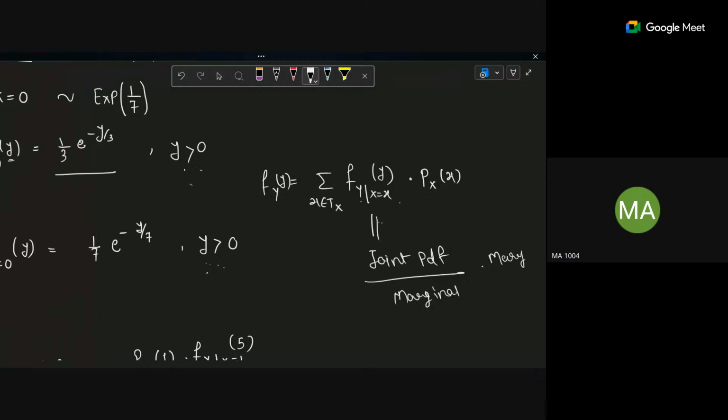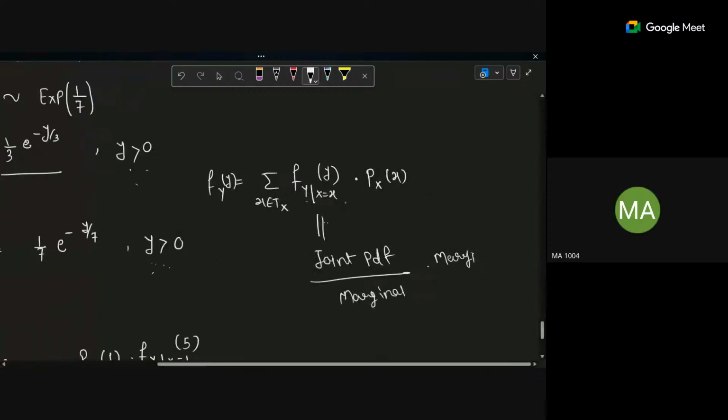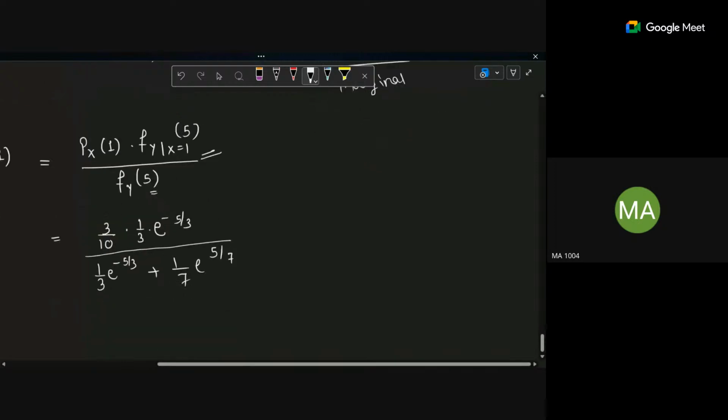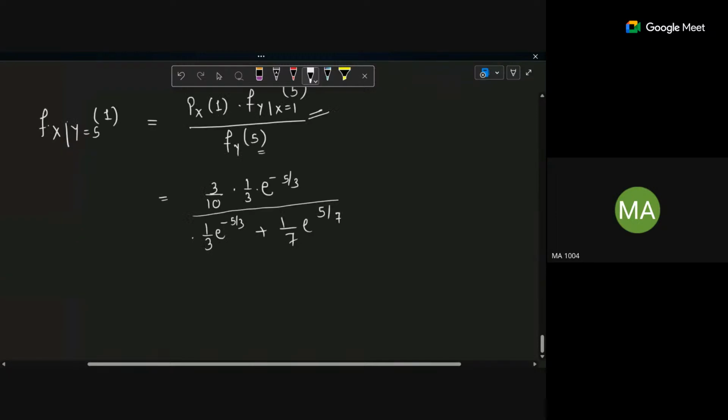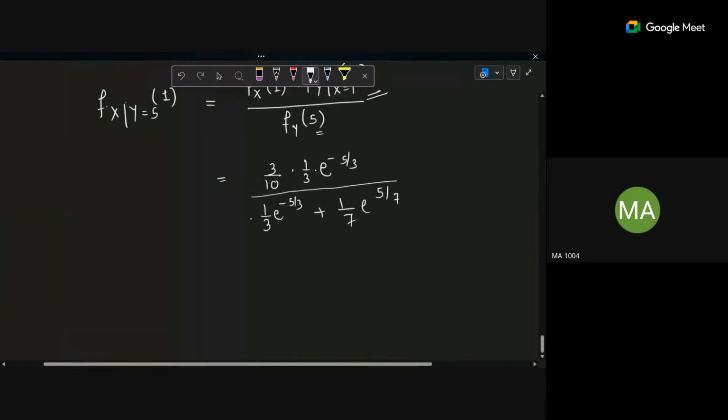That's basically Bayes' theorem, one of the ways to remember it and avoid this kind of mistake. So for this particular case, what's the probability that X is equal to 1? It's 3 by 10, right? And for this particular one, it's 7 by 10. Fine.